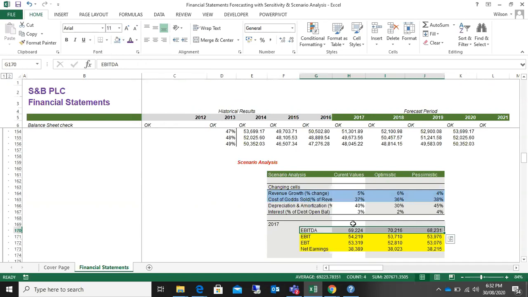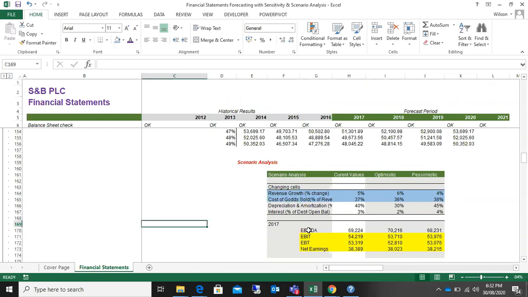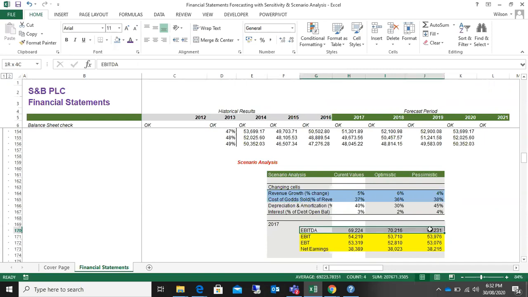Of course, it's focused more on EBITDA, because before you can arrive at your EBITDA, you must have your revenue. You take away your cost of goods sold to get your gross profit, and you take out your OPEX. So the only thing we are not having here to get at EBITDA is OPEX, but we have revenue and we have cost of goods sold. I think that is one reason why we can see here that EBITDA is having a direct positive impact, but there's no direct positive impact on EBIT.